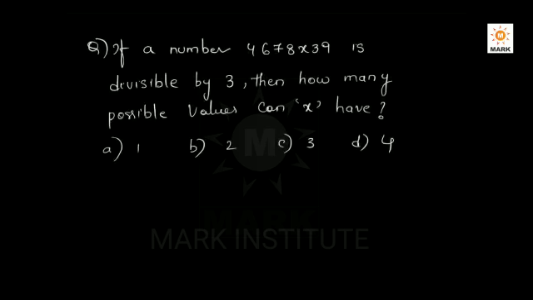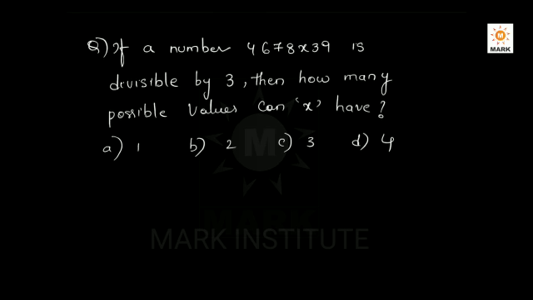So here we are going for another example based on the divisibility rule for 3. The question is, if a number 4678x39 is exactly divisible by 3, then how many possible values can x have? Options are 1, 2, 3, 4.